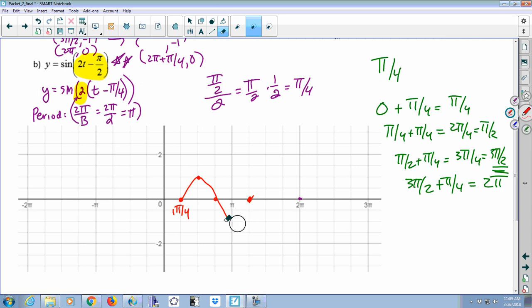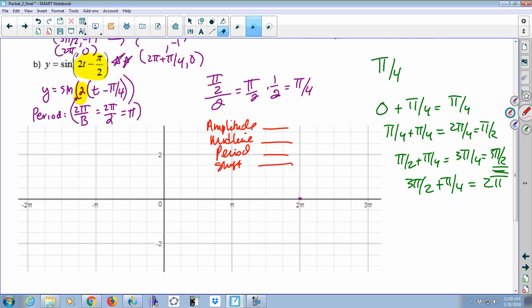Now, what kind of work? I would love to see what the period is, what the amplitude is, what your midline is, and your shift. I would write that out somewhere on my paper so that if you messed up at all, I could see at least you could find those pieces.